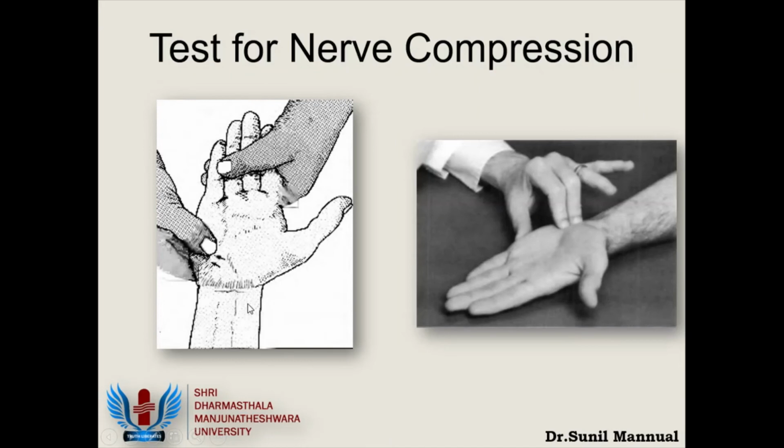So here, as you can see, the hand is much medial and it's in the hypothenar eminence, and there is a canal called the Guyon's canal there through which the ulnar nerve passes, and here by giving a sustained pressure on the ulnar nerve, we are able to elicit pressure symptoms in the area of distribution of the ulnar nerve. The pressure symptom that we are looking for is paresthesia.